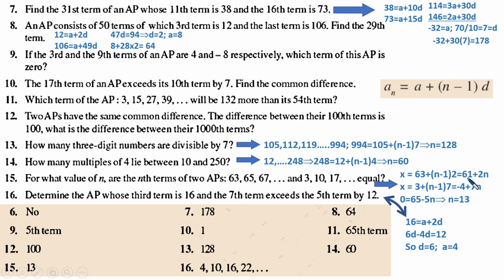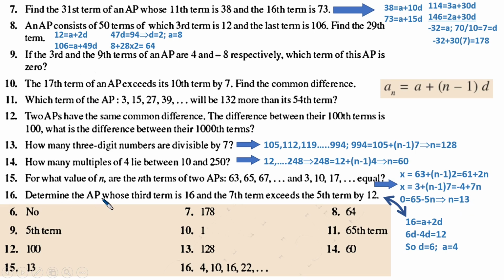So I have the equation x equal to 61 plus 2n. For the second AP, x equal to 3 plus (n minus 1) times 7, because 3 plus 7 is 10, so the difference is 7. So I have one more equation. Now I have two unknowns and two equations, so I can subtract and find n equal to 13. For n equal to 13, these two are the same.